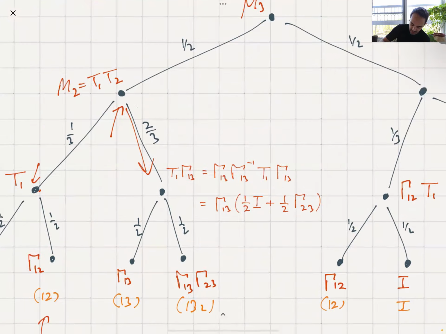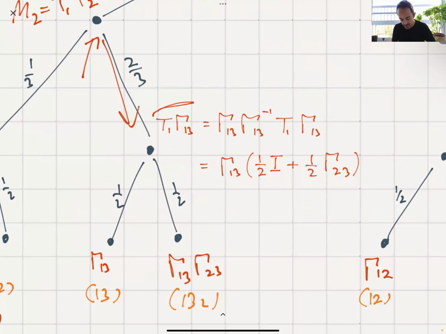So let's see. I'm just putting a gamma 1 3 here, whose inverse does nothing. And so that does nothing, but when I look at this thing, that is gamma 1 3, and this thing is T1 when you conjugate it with gamma 1 3.